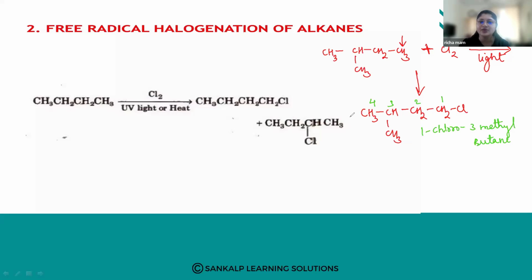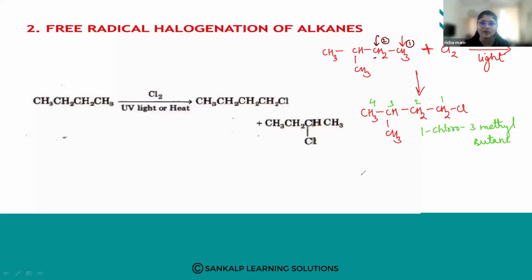Let me see the second structure. This was the first possibility of attack. The second is that it can attack the carbon at the second position.